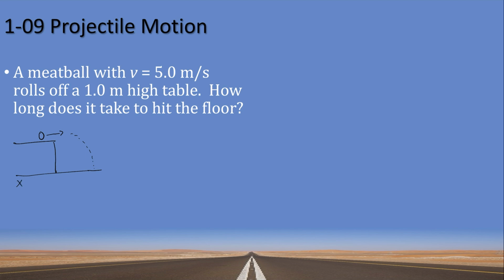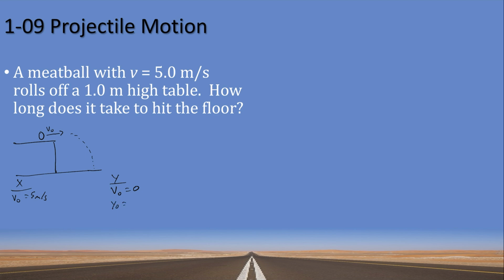So now we actually have to do x and y components. So what do we know? Well, we know our initial velocity is only in the x. The initial velocity in the y is 0 because the meatball is moving sideways as it goes off the table.